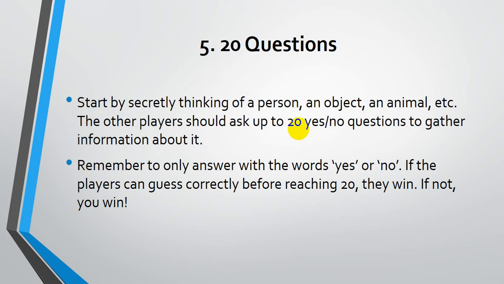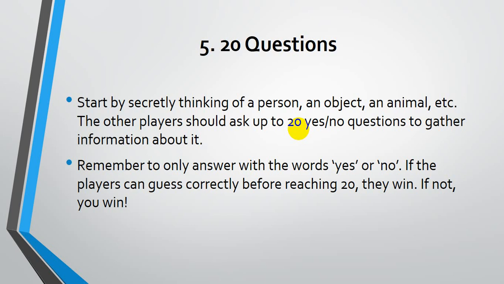So yes or no questions and yes or no answers. Remember that the answer is yes or no. If the players can guess correctly before reaching 20, they will win.